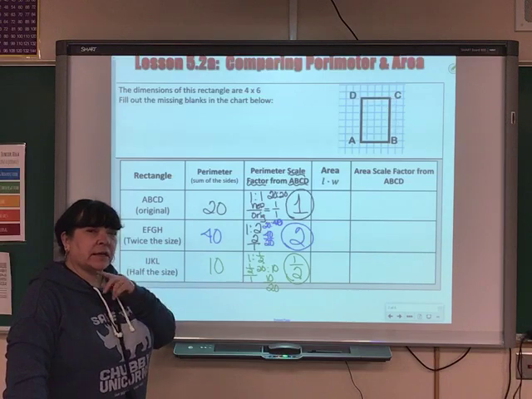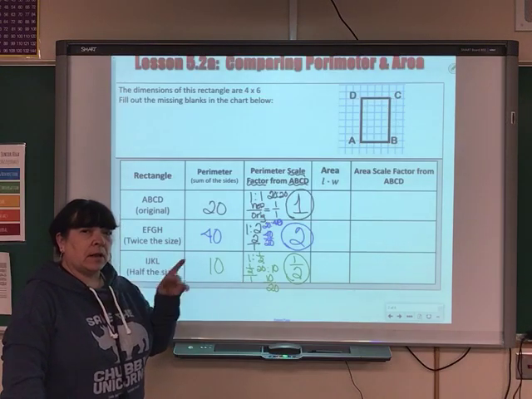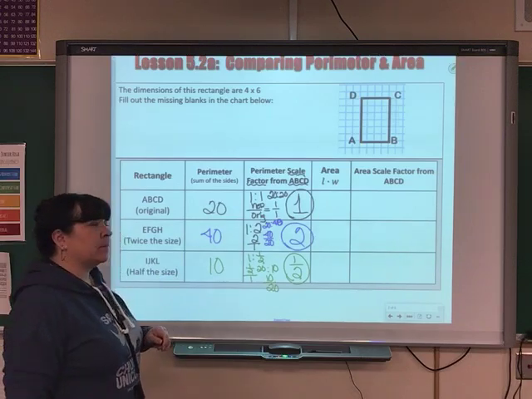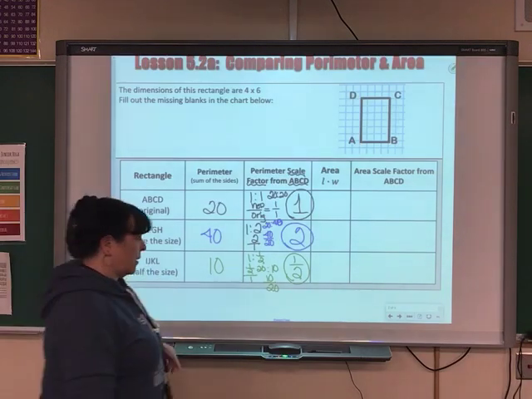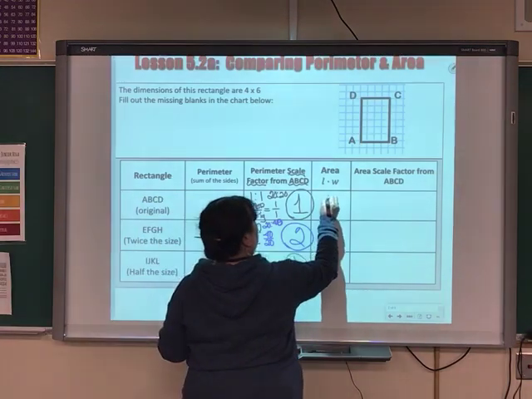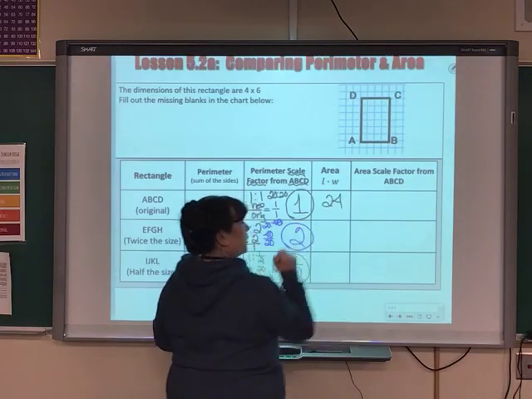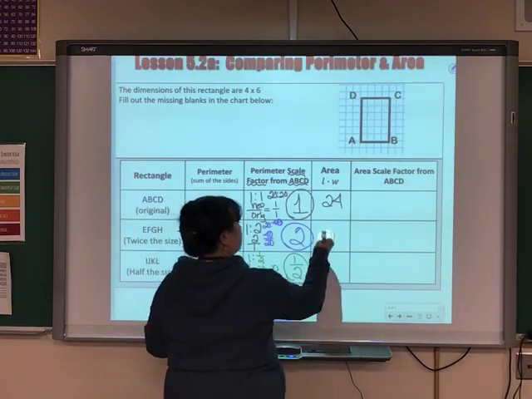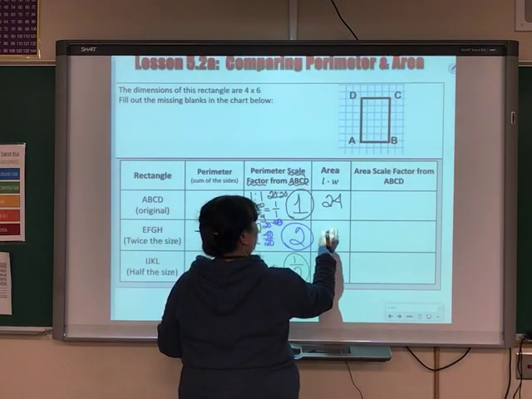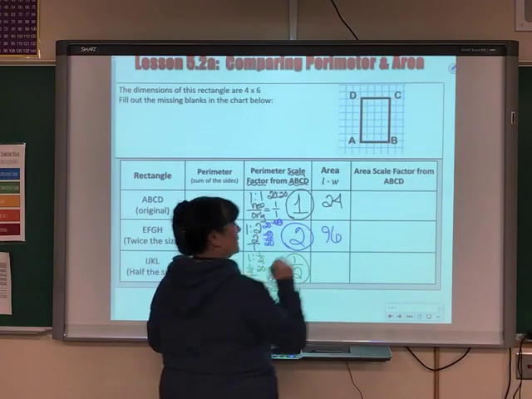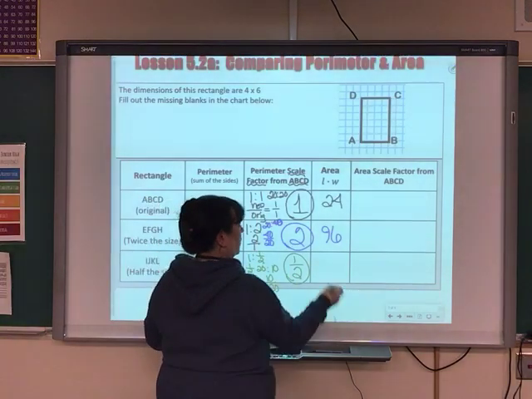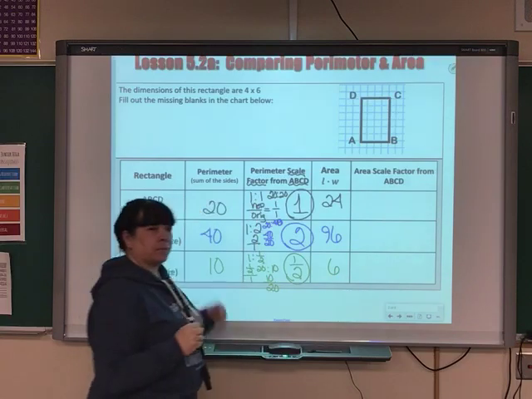But if we start looking at area, remember, length times width, we talked about it on the previous thing. The area of our original rectangle was 24. Our bigger rectangle, sorry, I think I said triangle, our bigger rectangle was 96, and our smaller rectangle was 6.